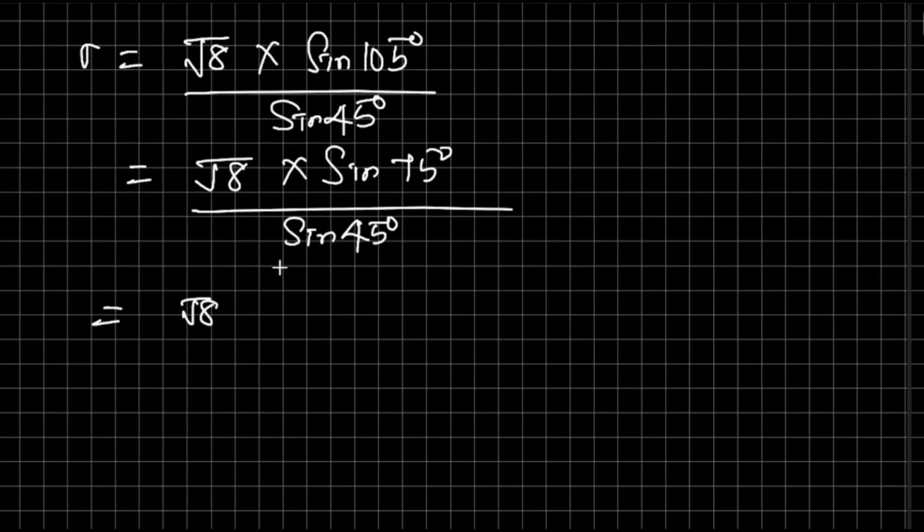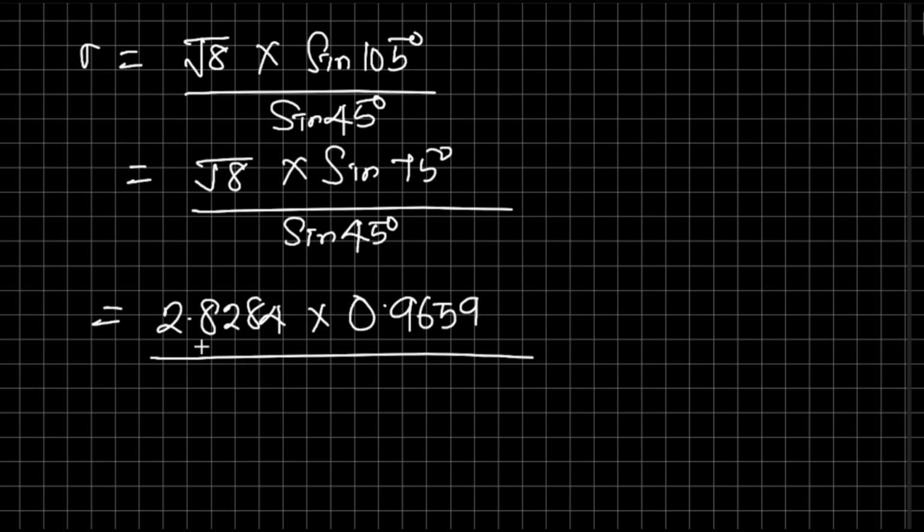Square root of 8 is 2.8284, multiplied by sine 75, which is 0.9659, all over sine 45, which is 0.7071.